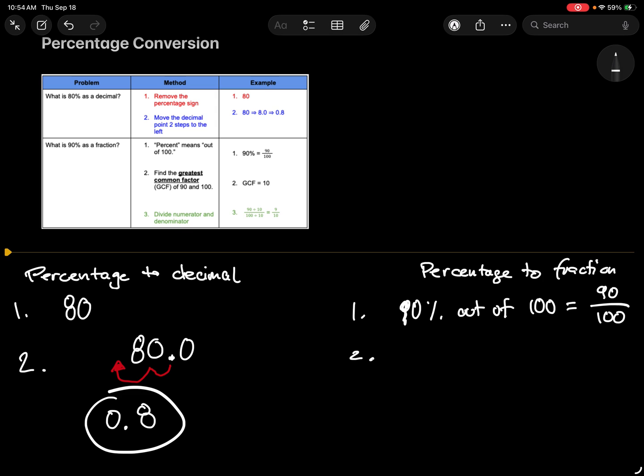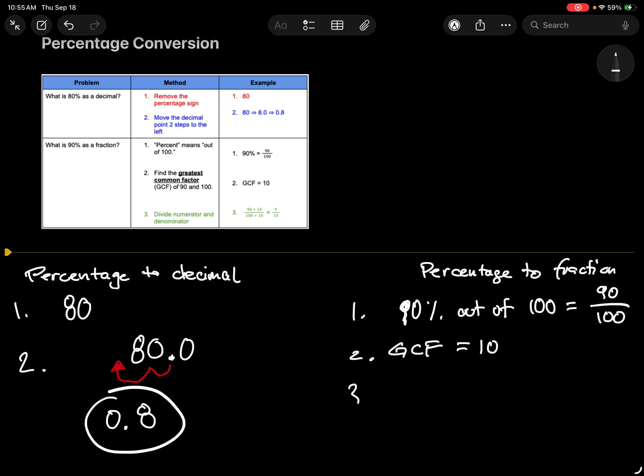Next step, we're looking for the GCF, our greatest common factor. Our greatest common factor of 90 and 100 is going to be 10. Okay, so that means 10 is the greatest number that both 90 and 100 share as a factor.